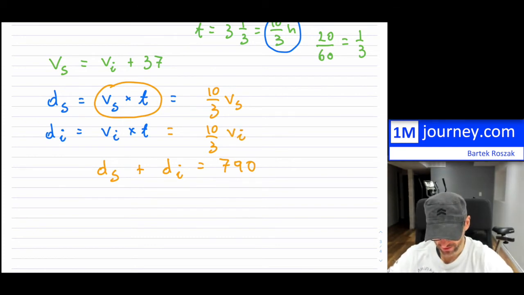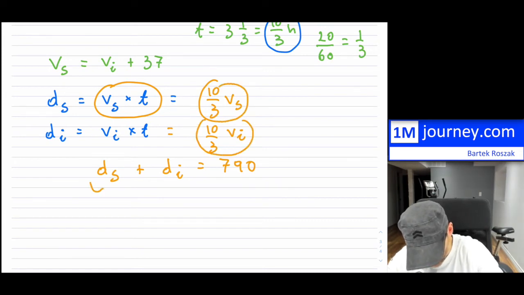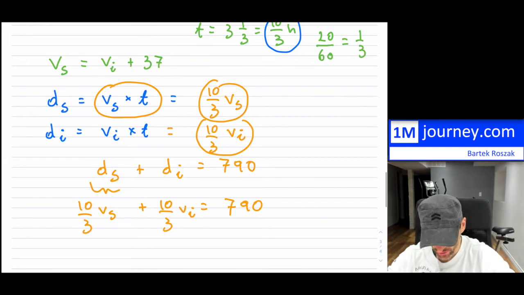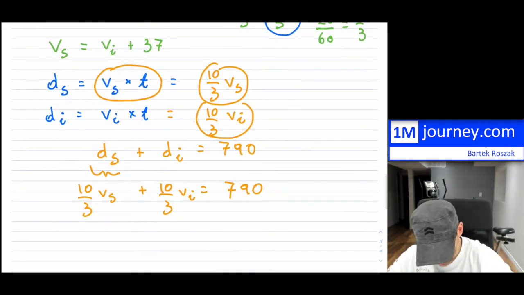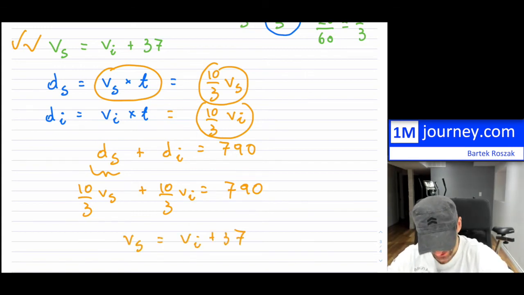Okay, so those are the distances that we have. So this is 10 over 3 Vs plus 10 over 3 Vi is equal to 790. All this is saying is the two distances added together is going to be 790 kilometers, which is true. Now your second equation, which is Vs is equal to Vi plus 37, that would be your second equation.